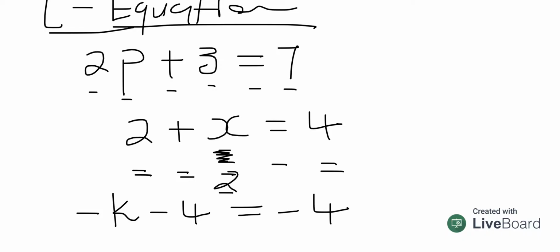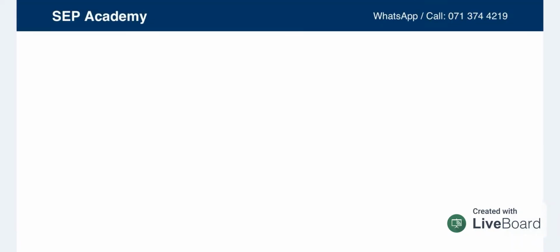So that means in the end, you need to say k is equals to whatever number, so that when you say negative k minus 4, it will be equals to negative 4. So let me bring another blank page so that I will therefore take you through some equations that I'm going to solve.